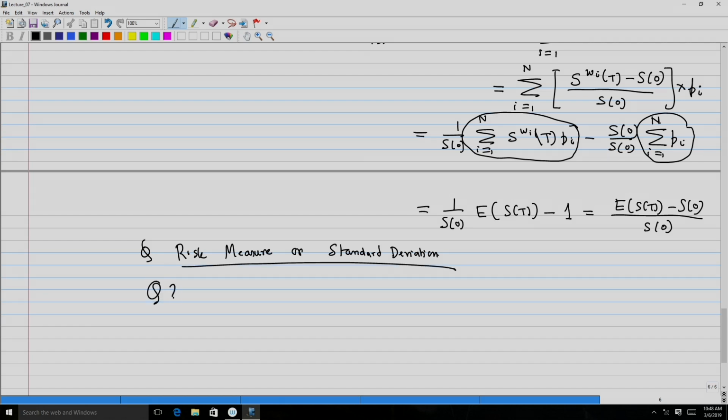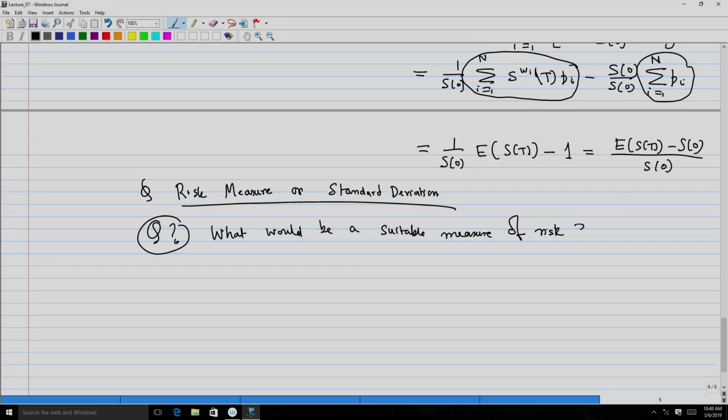So, the question that we want to answer here is, what would be a suitable measure of risk. So, this is something that we are going to address now.